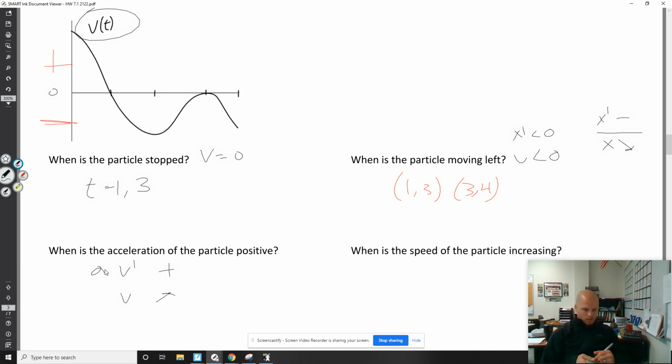You can also go all the way to the fact that this is the same as the whole X double prime tells us about X prime. This is the graph of X prime, just like we're used to the graph of F prime. So you either can look at the slopes of velocity being positive, or look at the fact that V is increasing to go from 2 to 3.